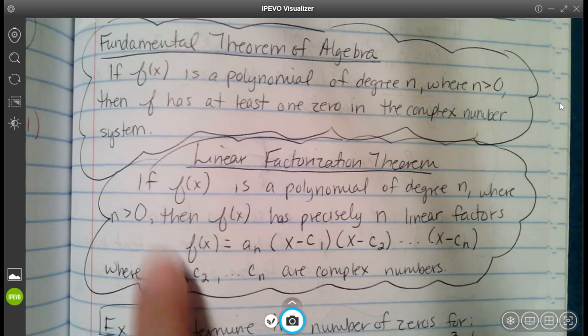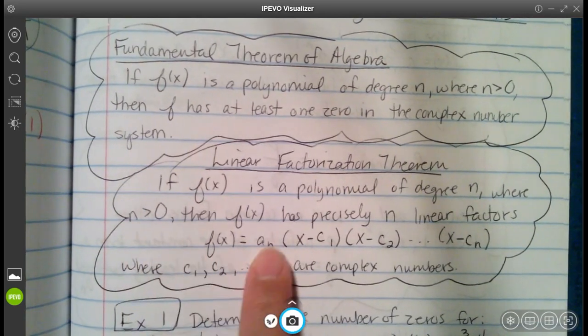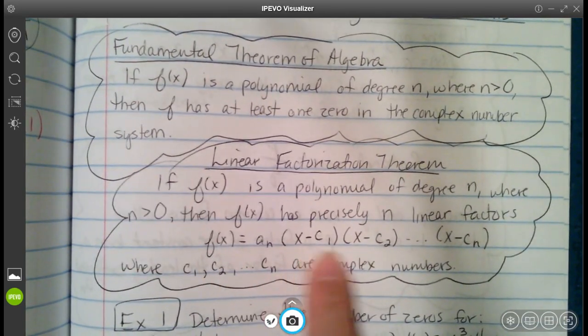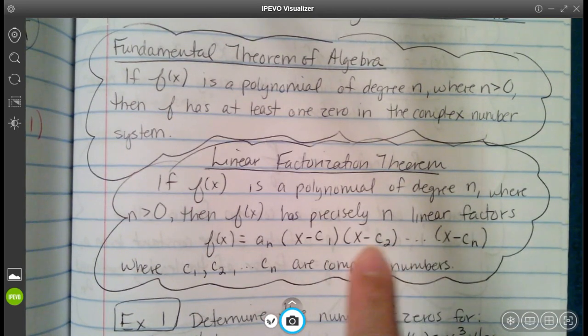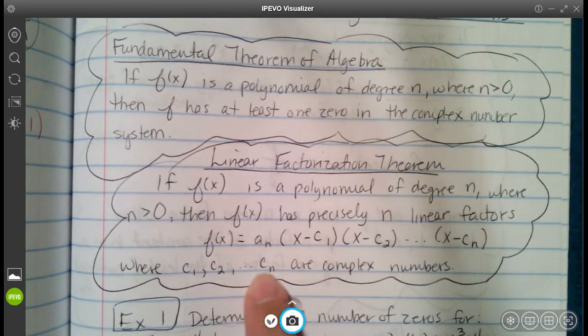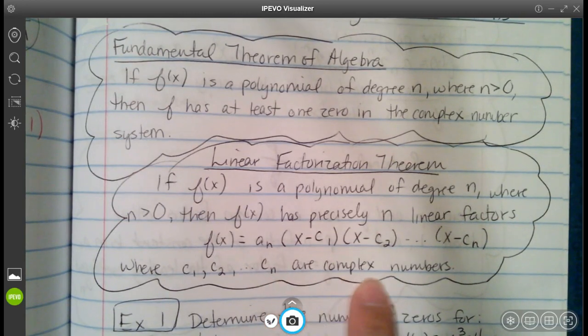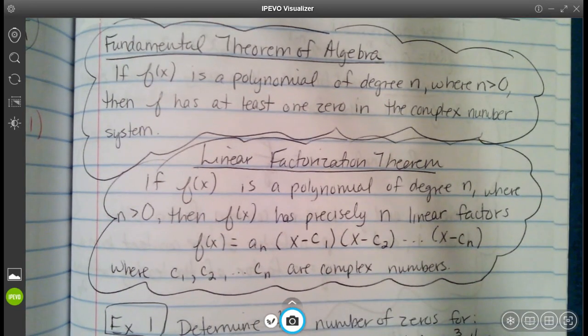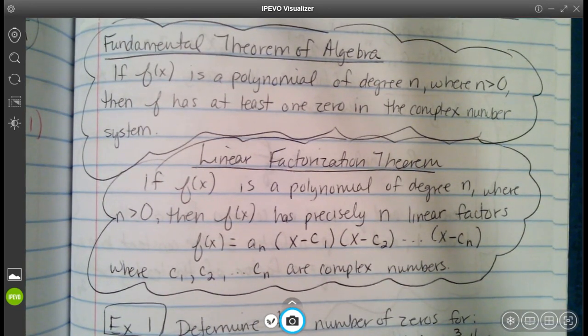In other words, whatever the degree is, we're going to have that many factors like so, where these parentheses represent our factors, and c1, c2, etc., all the way to the last c of n, are complex numbers. This can be a combination of reals or imaginary, one or both, just depends, okay? So we're going to go ahead and use these theorems to solve some problems here.